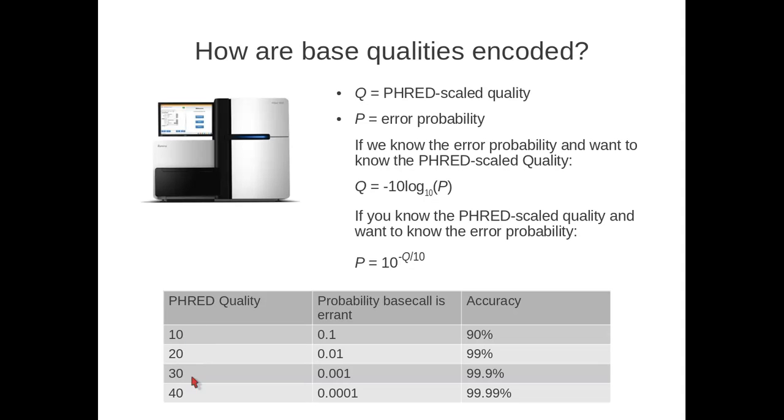You should be able to immediately remember that if you see a Phred quality score of 20, that means there's a 1% chance that there's an error, and you can calculate that by simply replacing Q here with 20, and that will give you the error probability of 0.01. You might want to convince yourself of that with a calculator.